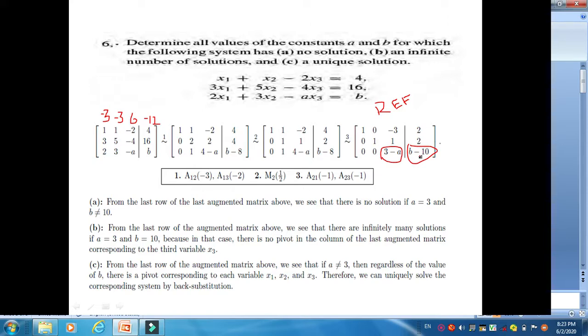In question number 3, we have to find a unique solution. So if you plug in all the values of a and all the values of b except 3 or 10, we may obtain a unique solution.